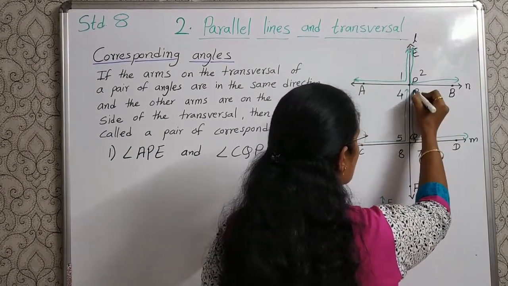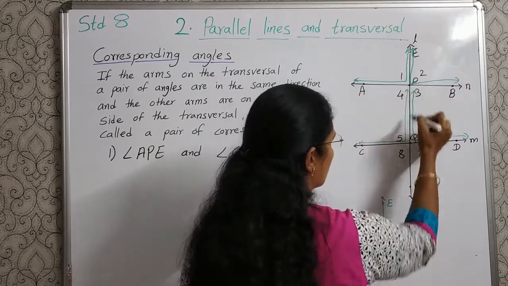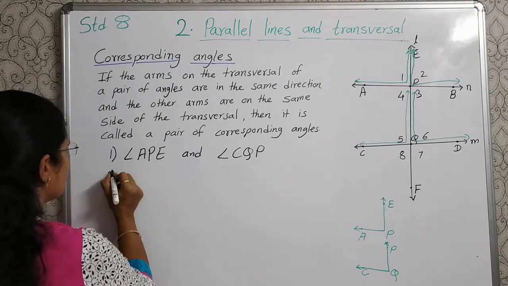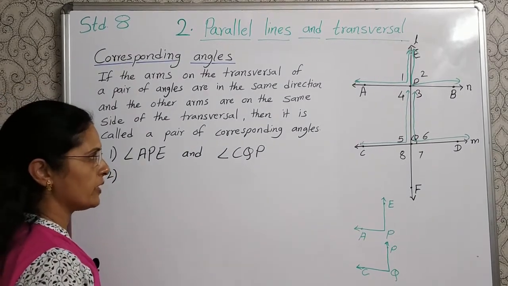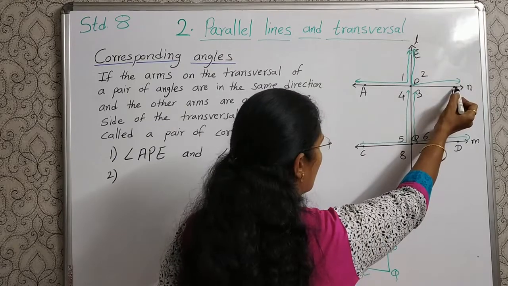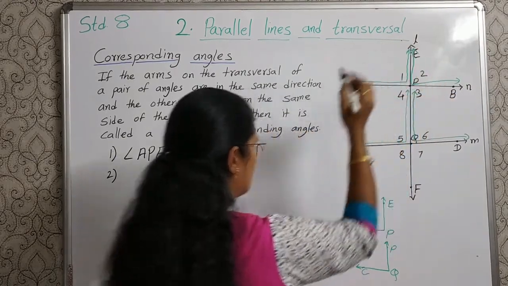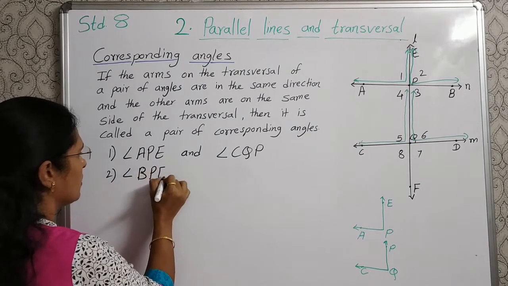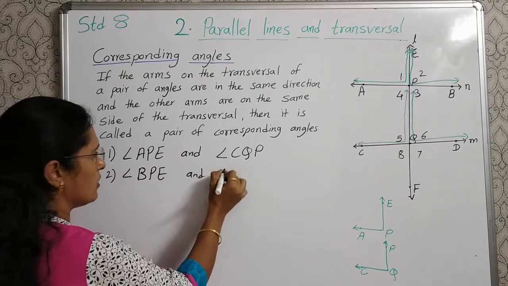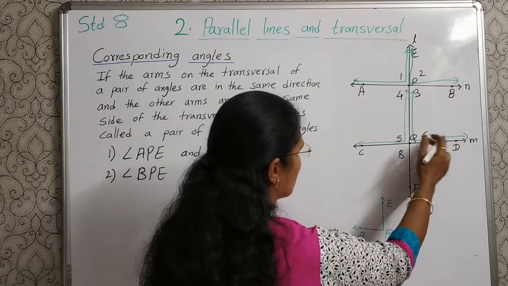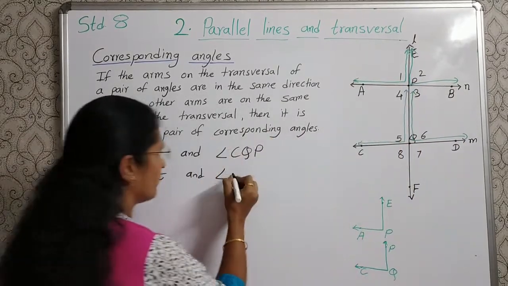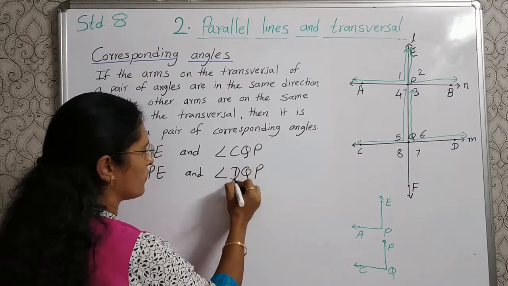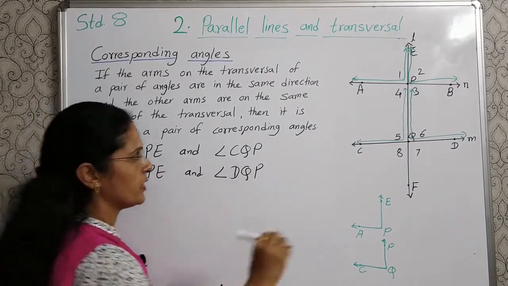Another pair of corresponding angles is this one, and the names of these two angles are angle BPE and angle DQP. Now the third pair.